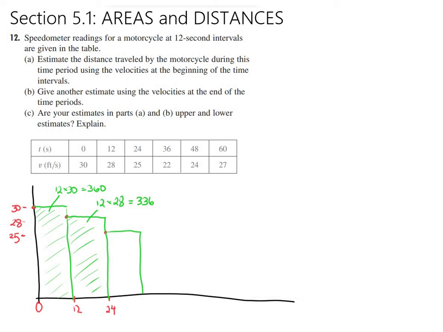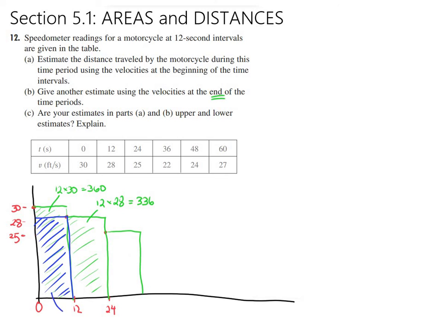And part B says give another estimate using the velocities at the end of the time periods. So we could also go back and say over this first 12 seconds, rather than assuming he's going 30, we could assume he's going 28 instead. So for part B, we would make this assumption. And we'd figure out the area of this and say over the first 12 seconds, we're now going to assume he's only going 28.